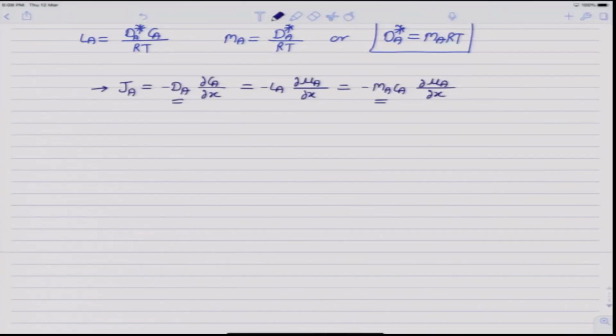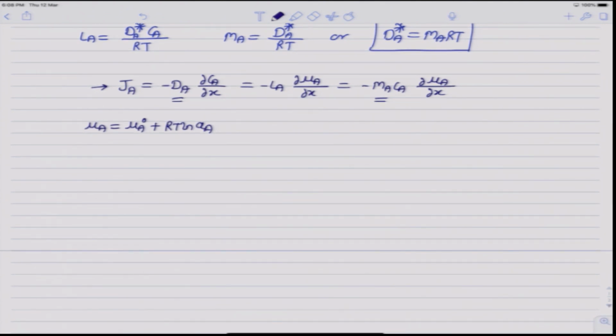So, we know μ_A can be written as μ_A0 plus RT ln a_A, where μ_A0 is the chemical potential of A in its standard state, and typically the standard state is taken as pure A, so μ_A0 refers to the molar Gibbs free energy of pure A in its stable state at the given temperature, which should be constant, and a_A is the thermodynamic activity of A at the given composition.